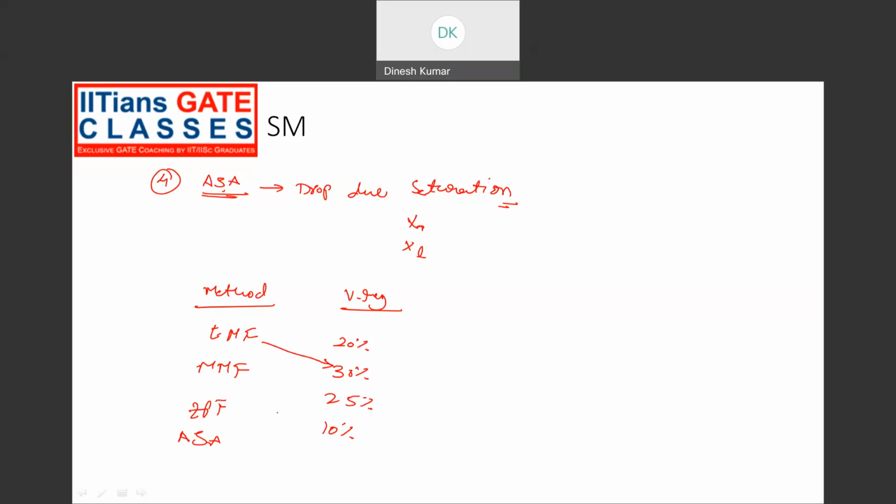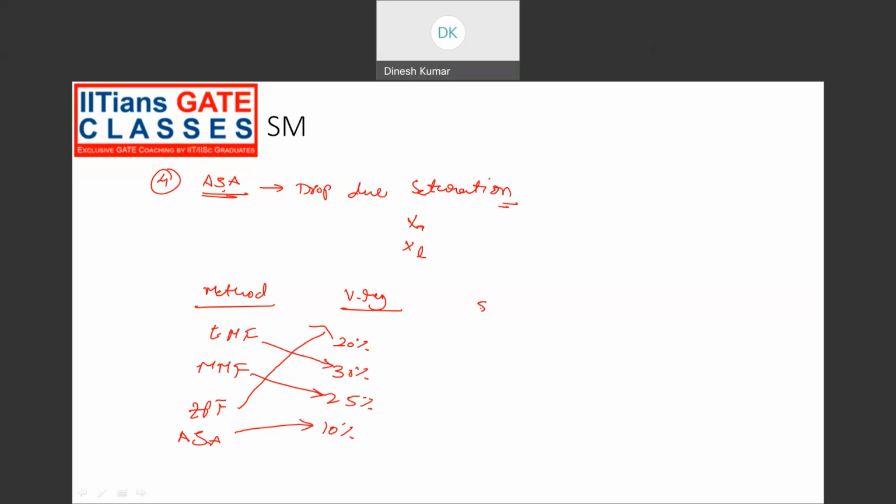The ASA method is more accurate than the ZPF method. So ZPF gives us 20% and ASA is more accurate, so it will give 10%, and the MMF method will be around 25%. So the order is EMF, MMF, then ZPF, and then the ASA method, in decreasing order of voltage regulation.